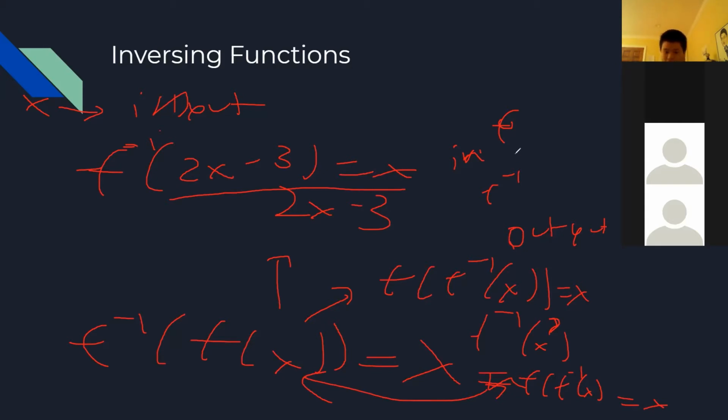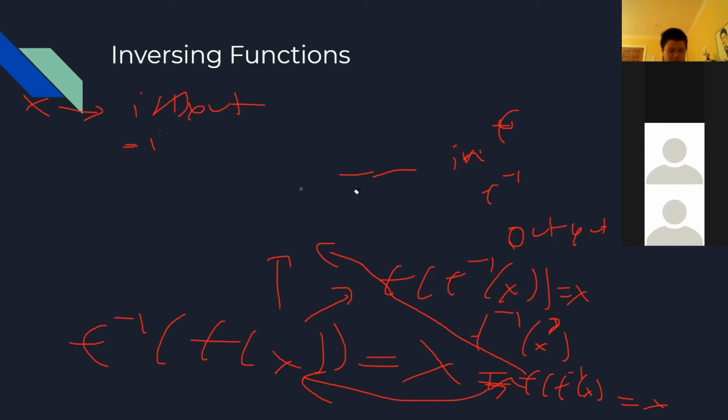It also shows that these inverse functions, the functions are inverses of each other. And actually, this is easier to use than this. If I explained that wrong, feel free to ask me to explain it again.